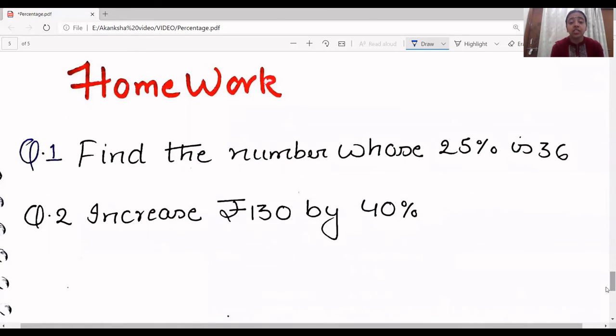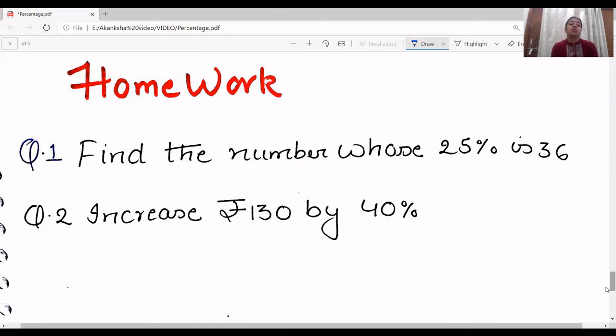Okay. So again, we have landed up solving two questions. Generally, I give a question at the end for students, and for sure, I'll be giving their answers in the comment box. Okay, let me first give you a hint for solving this question since we have time. It says find the number whose 25% is 36.